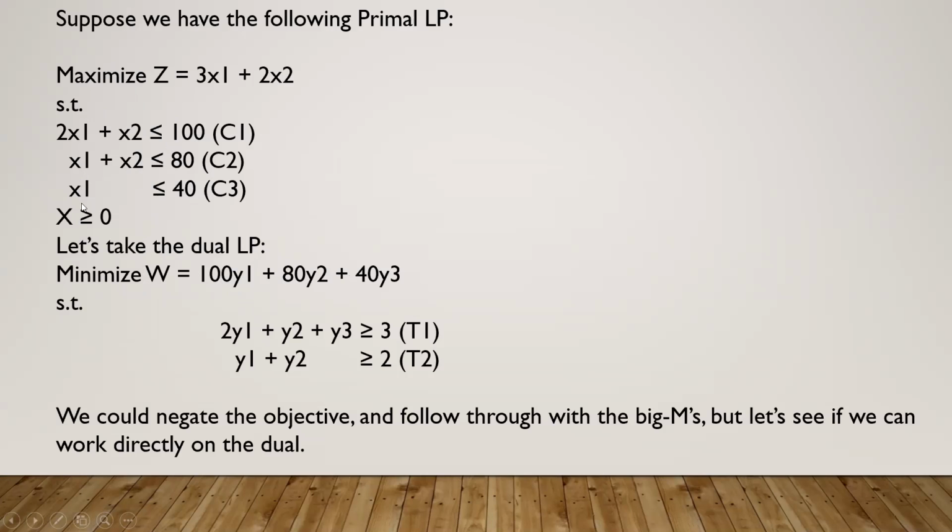For this problem, for my first one, I will look at this column. So 2 will be taken from 2x1. Then for the second one, I will take the coefficient from the second equation, and the third, I will take from the third equation.